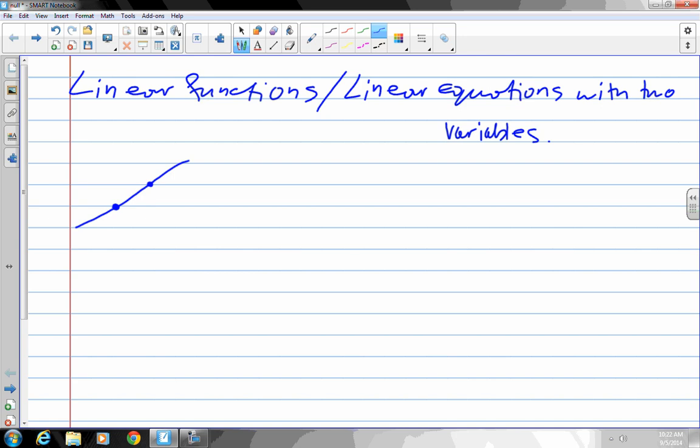But another way to think of defining a line, if I tell you that I have a line that goes through this point and is heading generally in that direction, how many lines go through that point in that direction? No, I mean in that direction precisely.